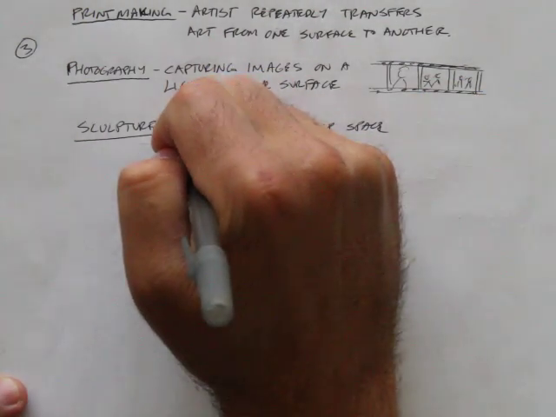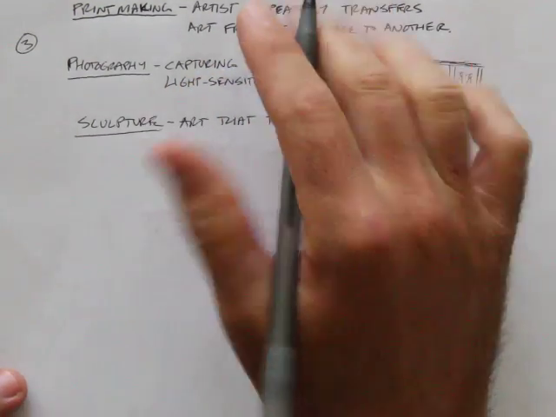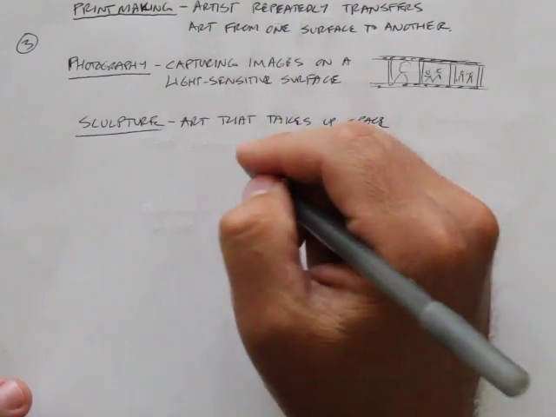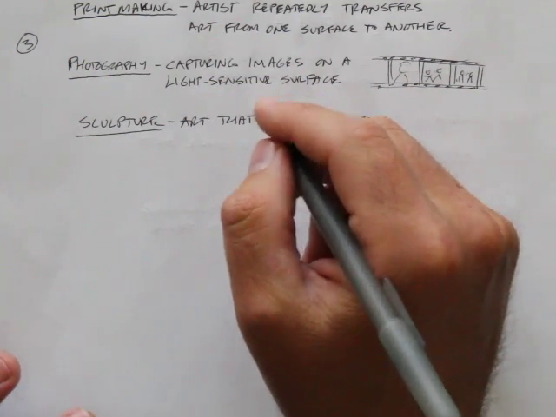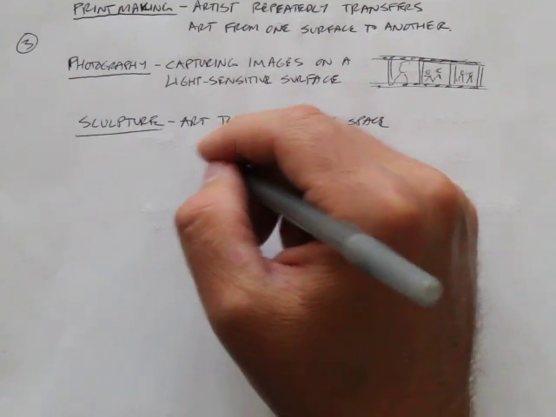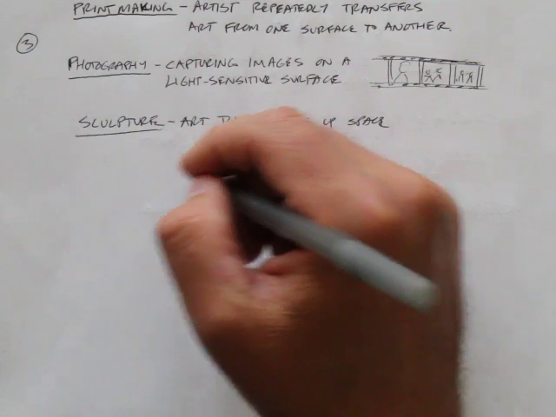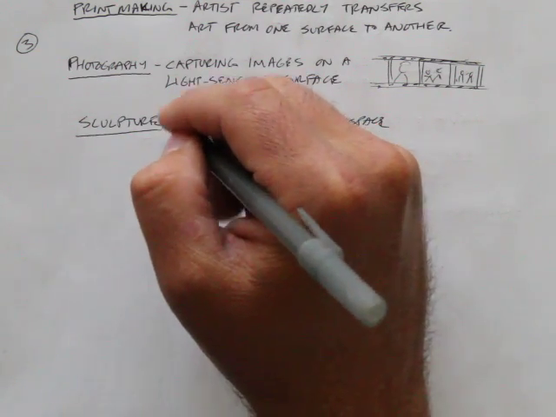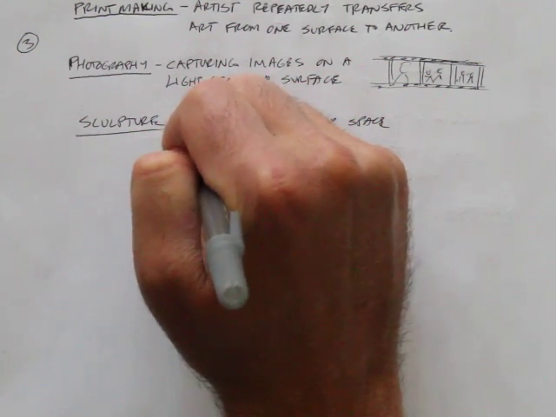So there are two types of sculpture that we're going to look at, not necessarily as far as the media or the way it's created, but the application of the sculpture. So there is freestanding.